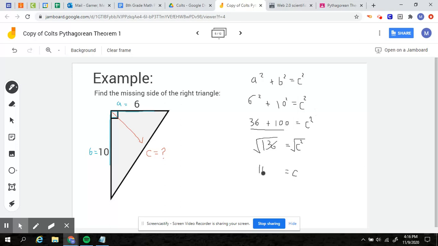So 11.661. That is the length of side c. That is what we were trying to solve for. So that's our answer: c equals 11.661. So with these problems using the Pythagorean theorem to solve for your hypotenuse, you're going to take the square of both your legs, add them together, and then whatever number you get, your last step is to take the square root.